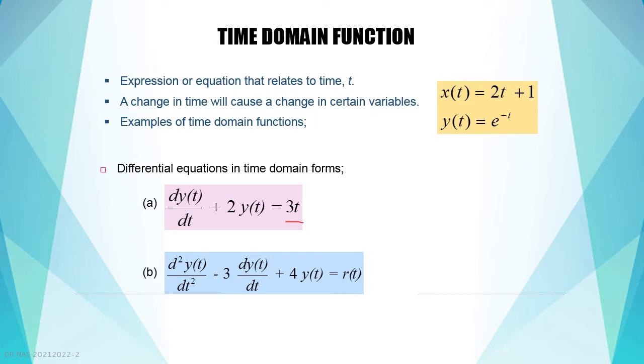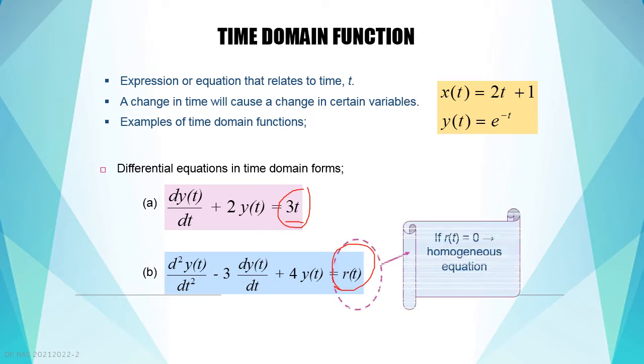Okay, if the output equals something, for example R(t) or 3t, this equation is called an inhomogeneous equation. But if R(t) equals 0, meaning that you have an equation equivalent to 0, the equation is called a homogeneous equation.